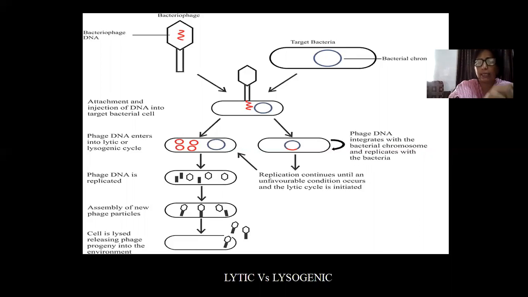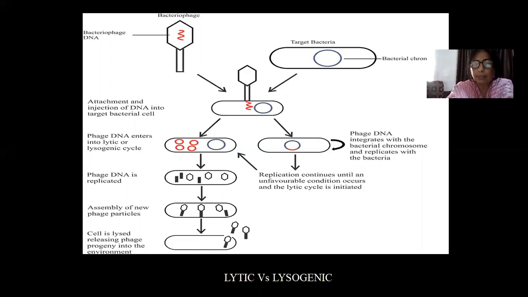First of all, we will see what happens in the lytic cycle. In the lytic cycle, phage DNA enters the bacterial cell, where it stops the replication of bacterial DNA and starts its own genome replication.